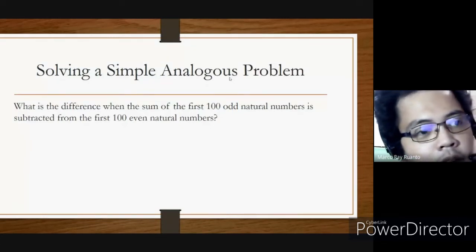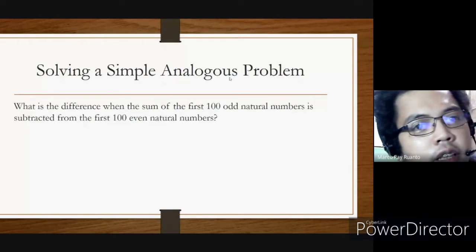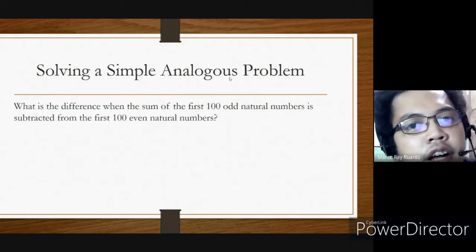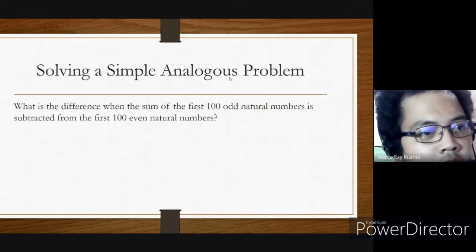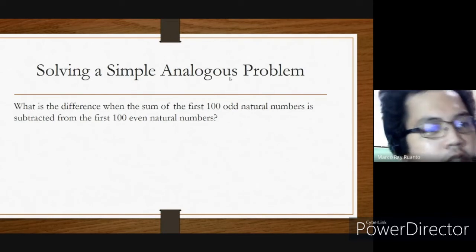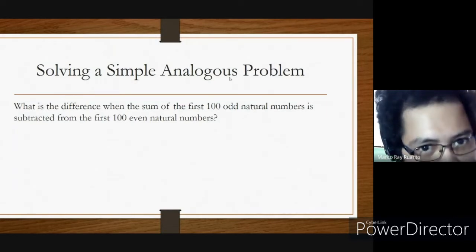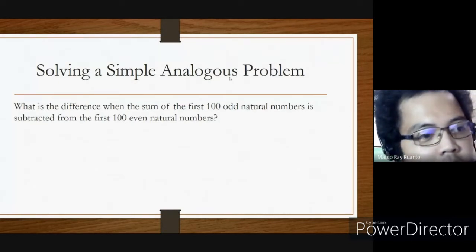Instead of doing that, why not subtract them first, by its parts, by elements: first odd and first even, second odd and second even, third odd and third even.